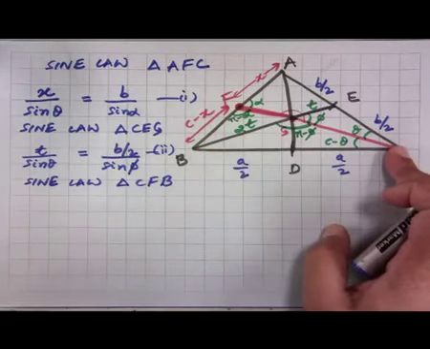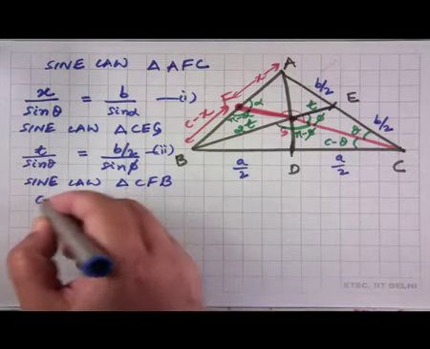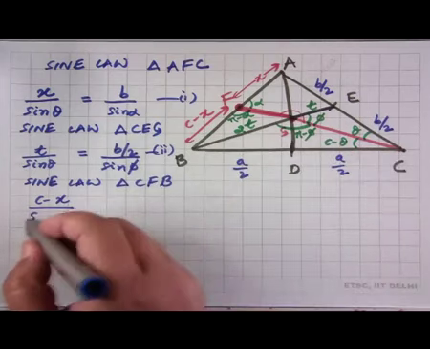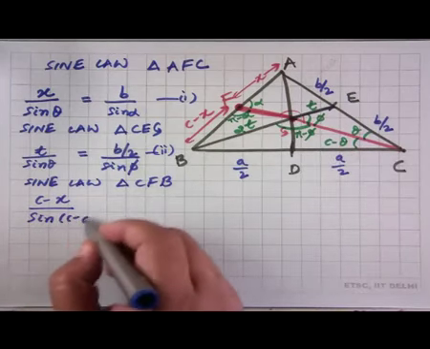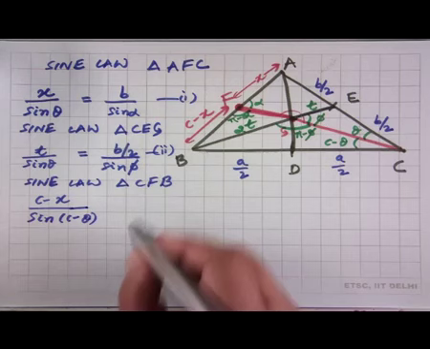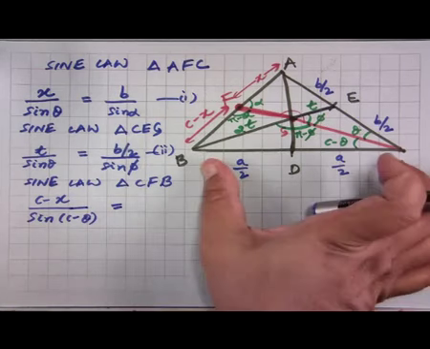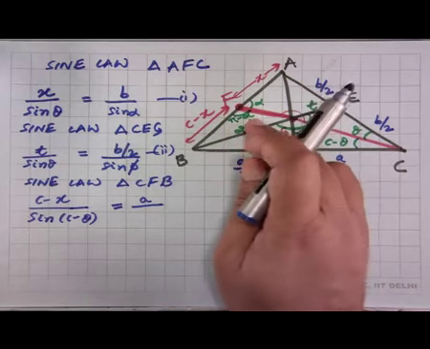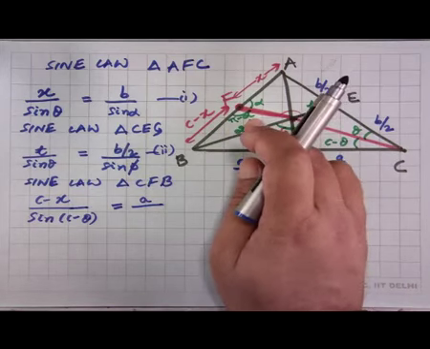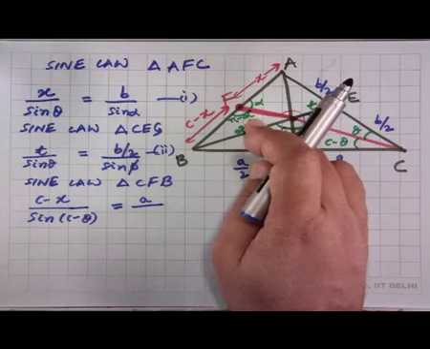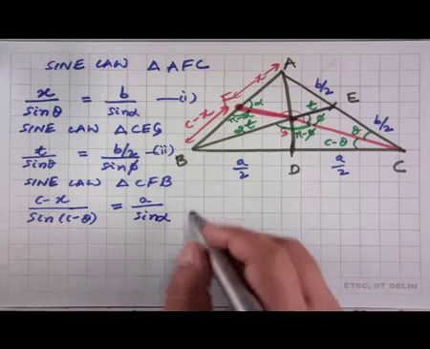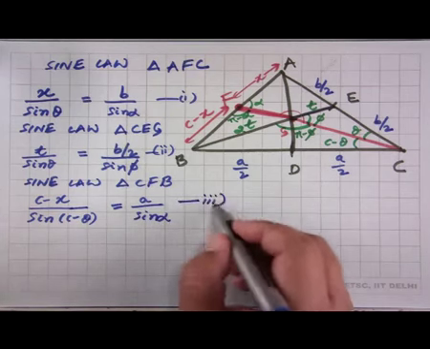If we apply the sine law, we see that C minus x over sine of C minus theta equals A over sine of pi minus alpha, but sine of pi minus alpha is equal to sine of alpha. So, A over sine of alpha. This is our third equation.